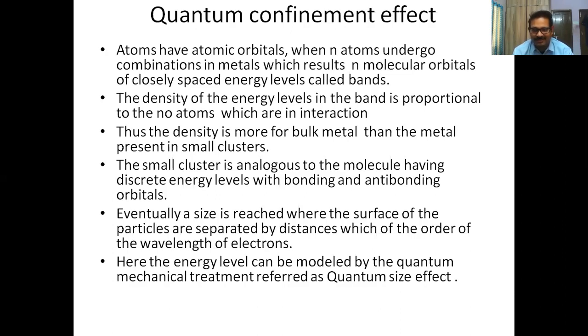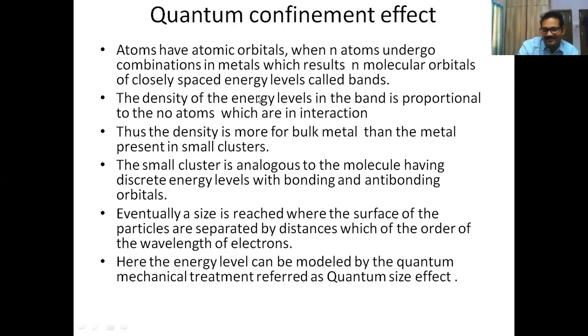So when atoms are combined, molecular orbitals result, and these normally give bands. The density of energy levels in the band is proportional to the number of atoms. So the more atoms there are, the more closely spaced the energy levels will be.